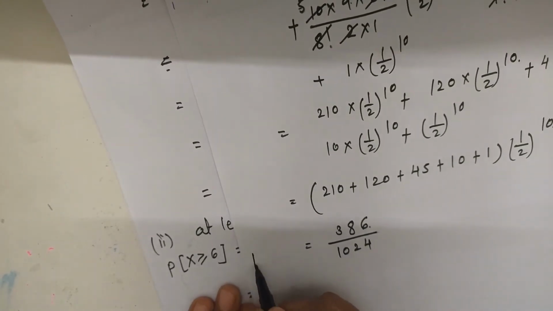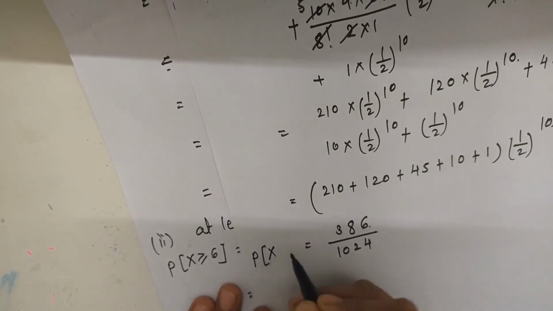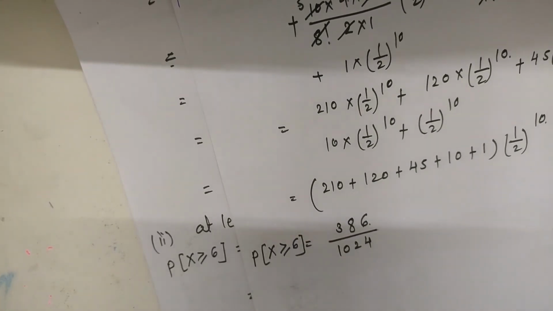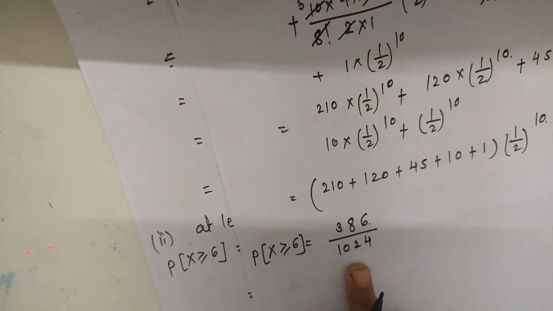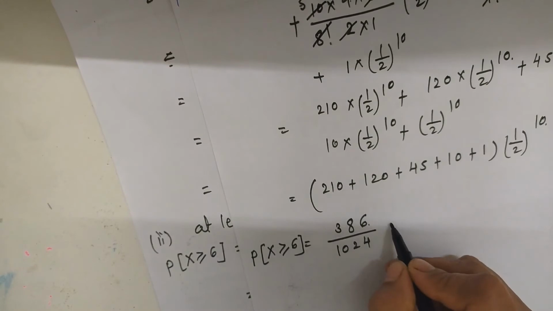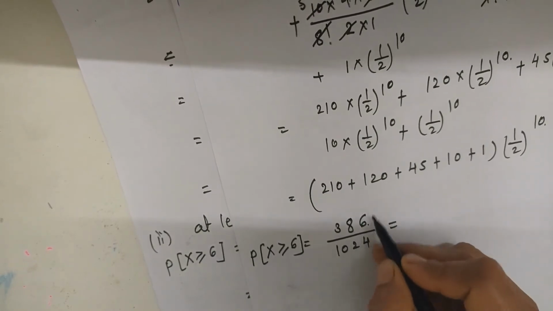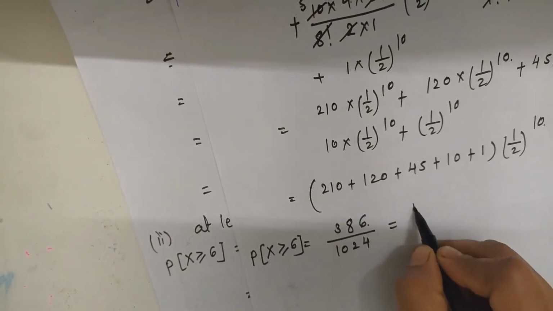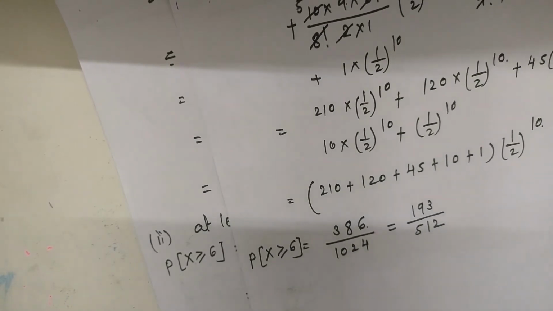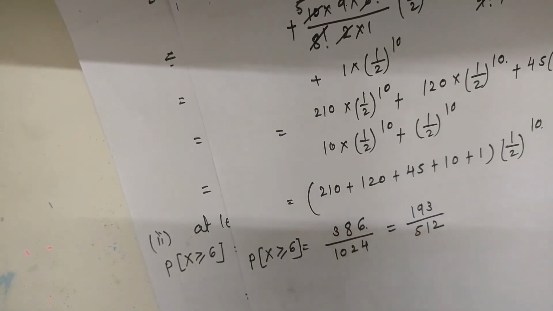So the probability for x greater than or equal to 6, that is the probability of at least 6 heads, is equal to 386 upon 1024, and the shortest form of this value is 193 upon 512. Dividing by 2, we get 193 upon 512.